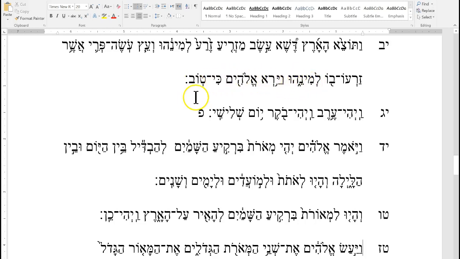Vayar Elohim ki tov, and God saw that it was good. Vayhi erev, vayhi boker yom shlishi, and there was evening and there was morning, a third day.